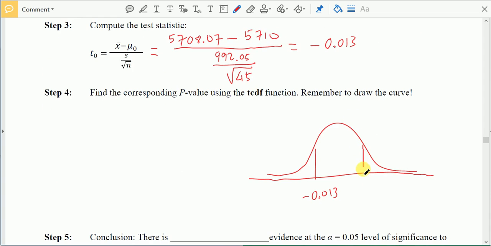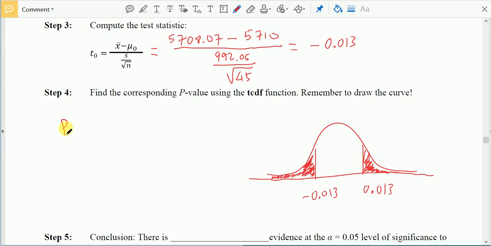So one is minus 0.013, the other one is plus 0.013. So we are taking all the values after minus 0.013, and also all the values after plus 0.013. You want to find all the area of the two, right and left, tails.